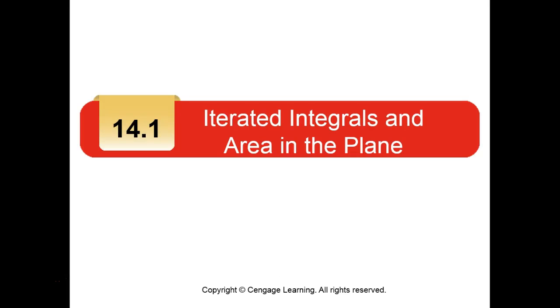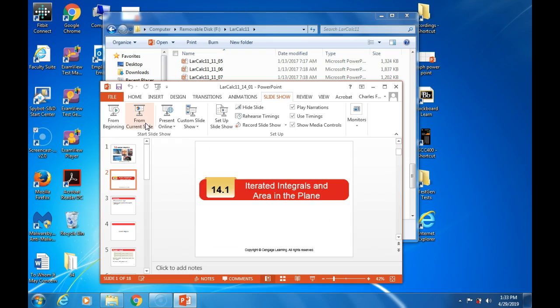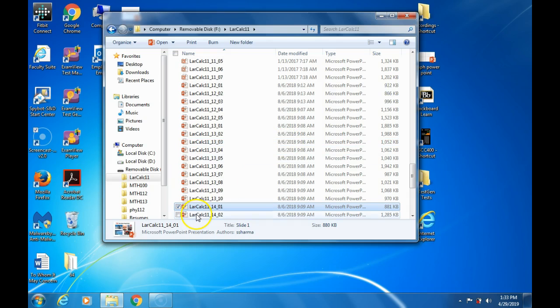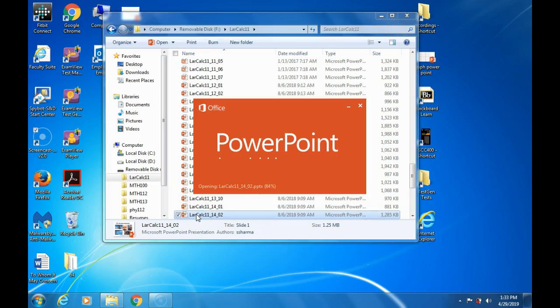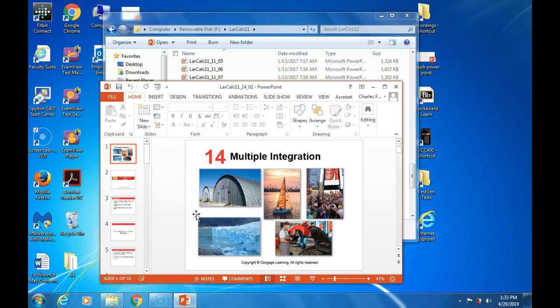And we'll do iterated integrals and areas in the plane. Actually, let's just go on to 14.2. Nice stuff there, but I want you to be exposed to 14.2 at least. And then we may jump up to triple integrals 14.6.